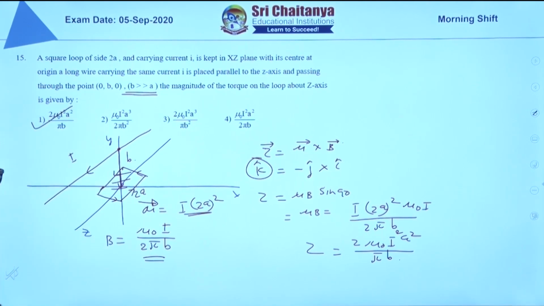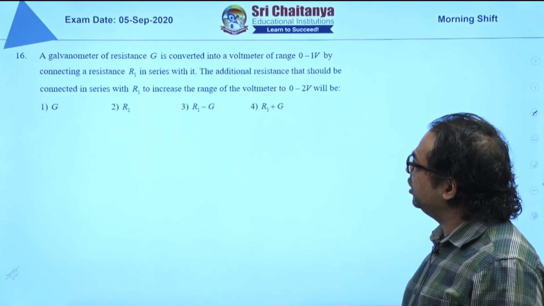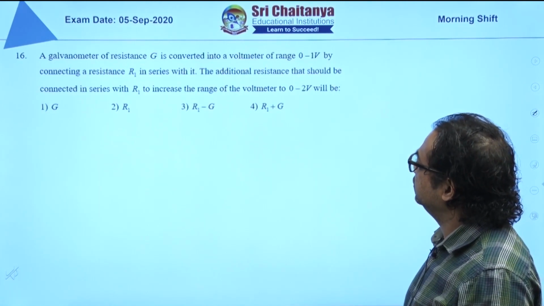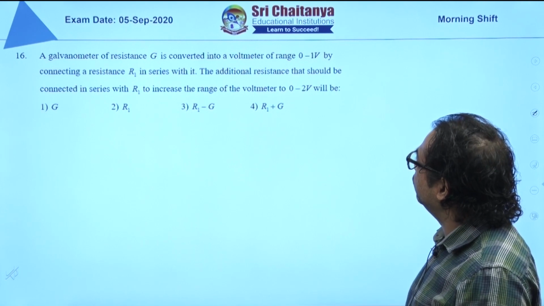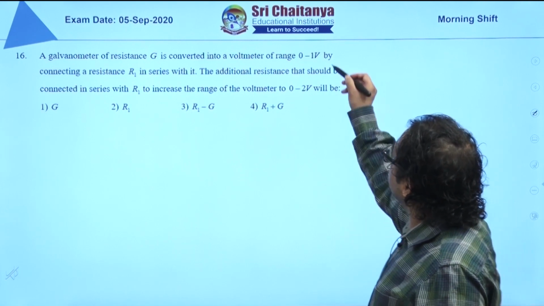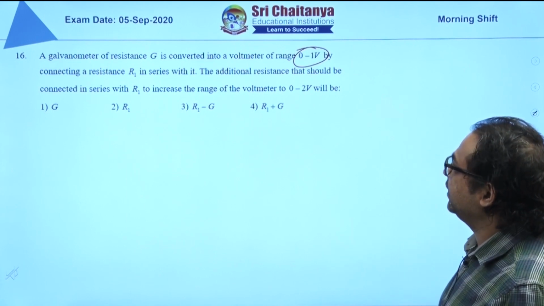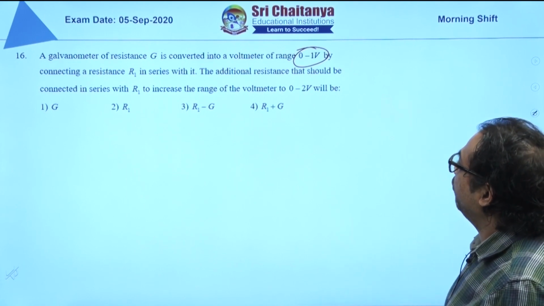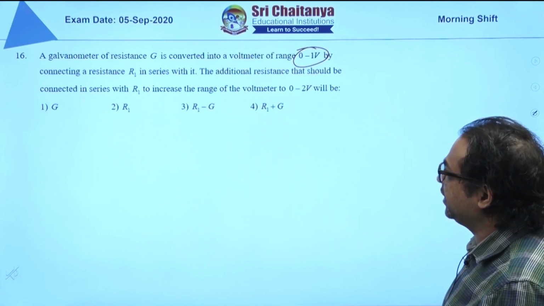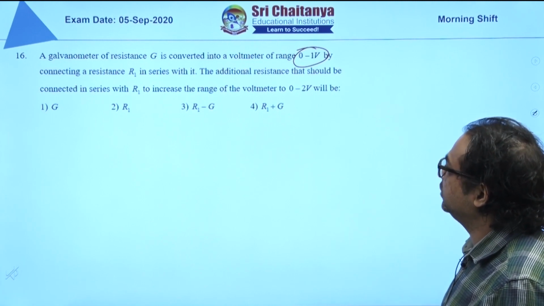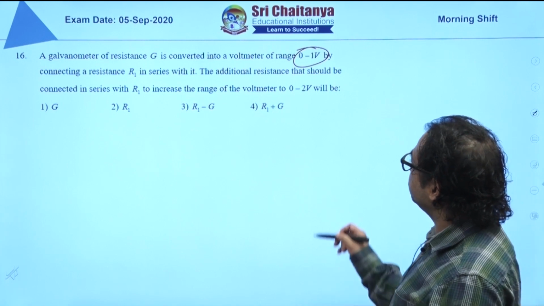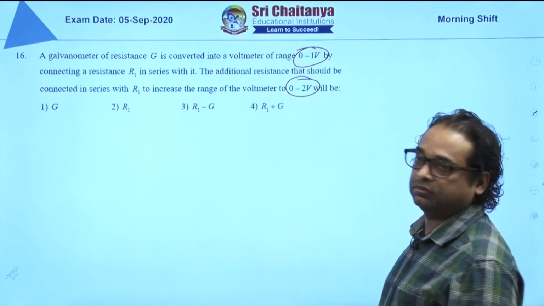Here it is given that a galvanometer of resistance G is converted into a voltmeter whose range is 0 to 1 volt by connecting resistance R1. What is the additional resistance that should be connected in series with R1 to increase the range to 0 to 2 volt?